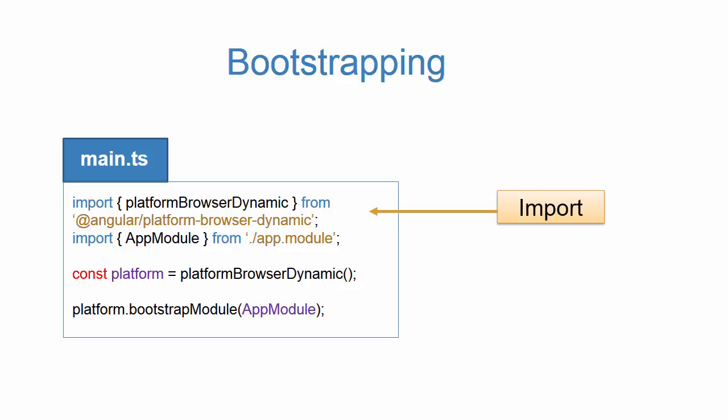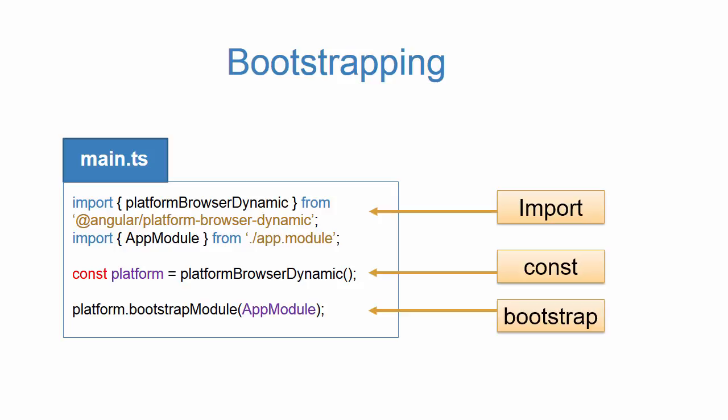Here we are first importing the platform browser dynamic, which enables our app to run in the browser, as well as the NgModule class. Below that, we define a constant variable of platform, which is set equal to an instance of the platform browser dynamic method. And then below that, we use our platform constant.bootstrap module, passing in our NgModule class.